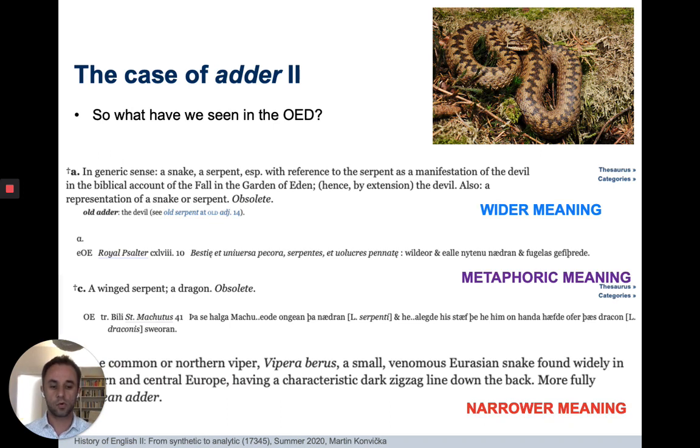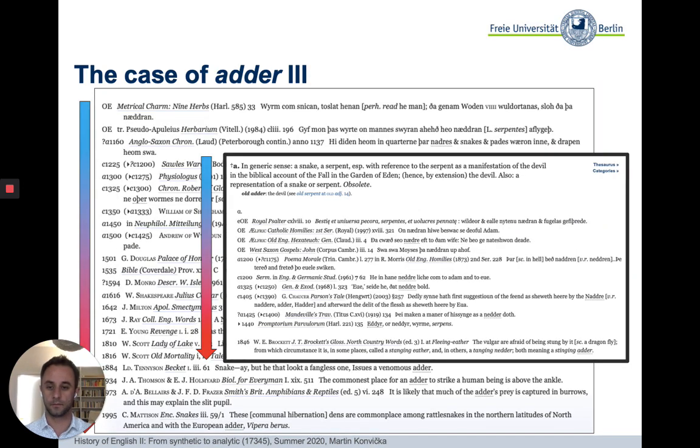And this is a more narrow meaning if you compare it to the original one, which is already documented in early Old English times. Right, so in the beginning, it was just a snake, and nowadays it is used to mean only a viper, a very specific snake.